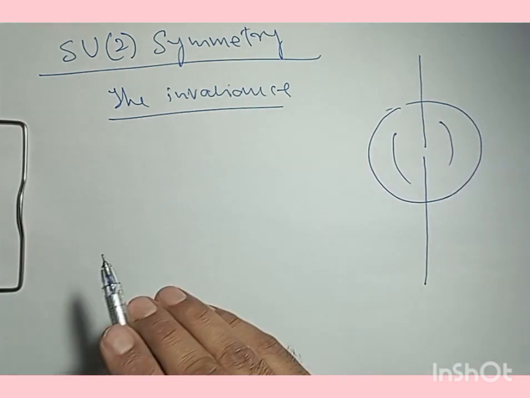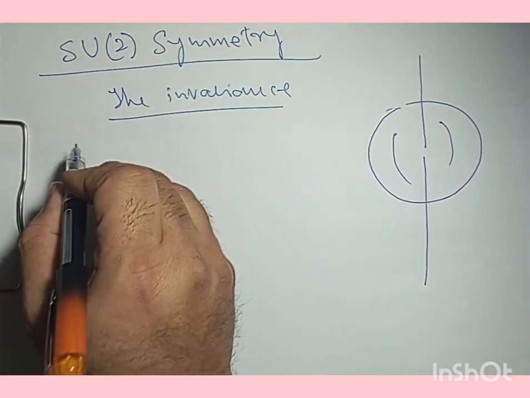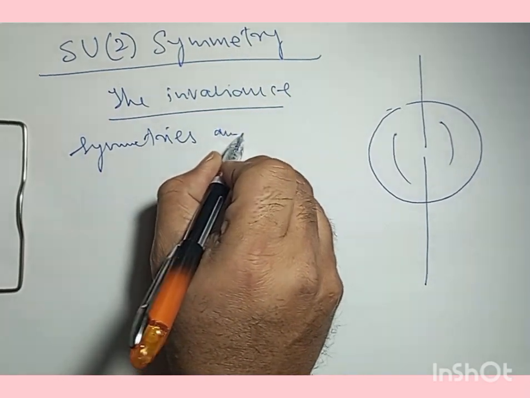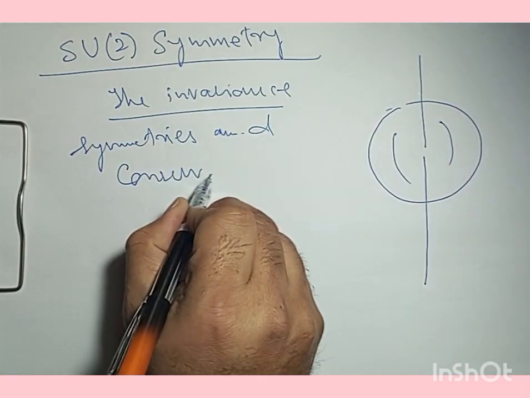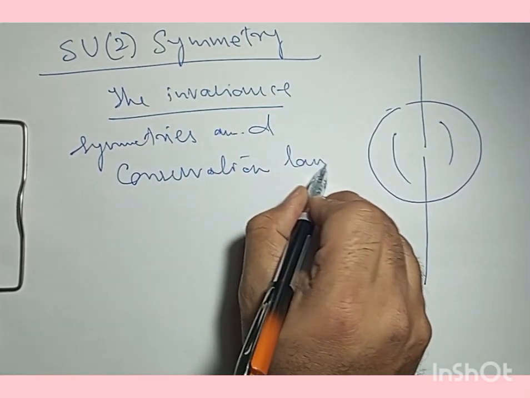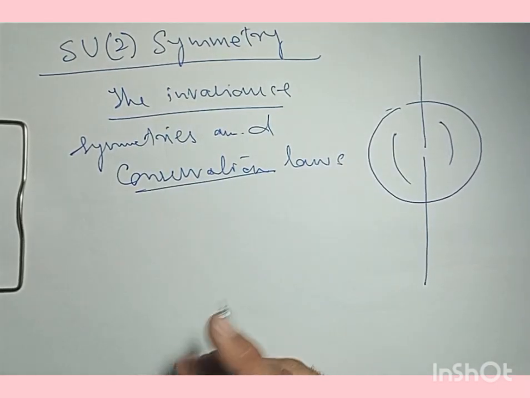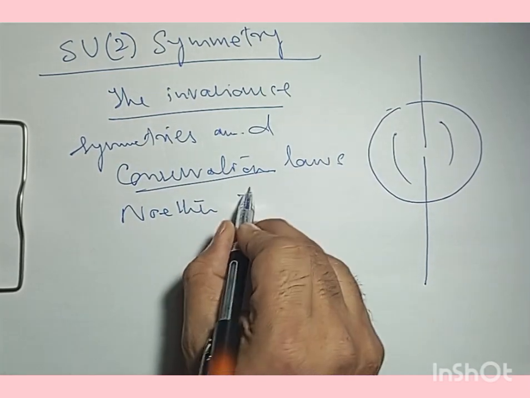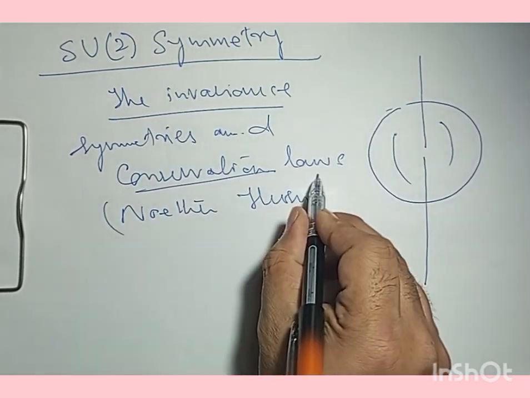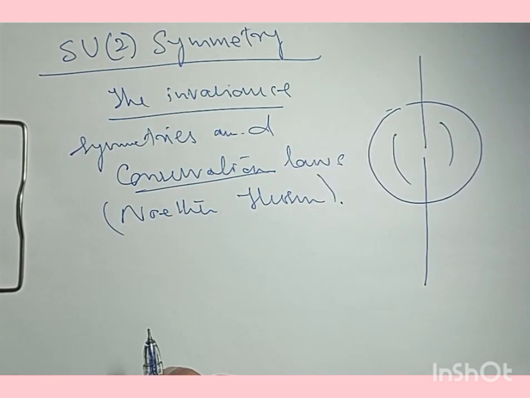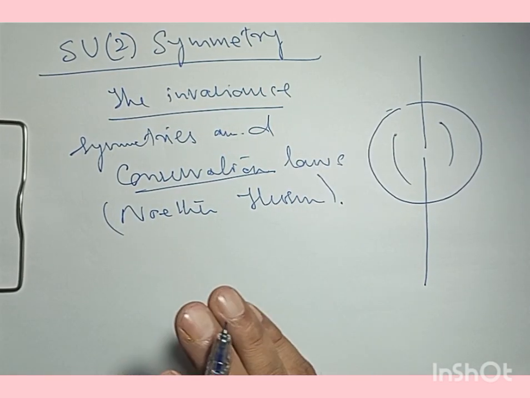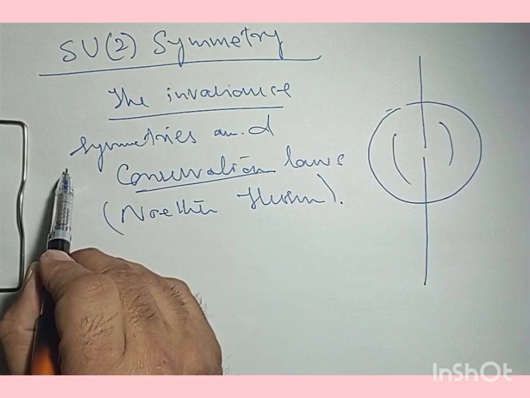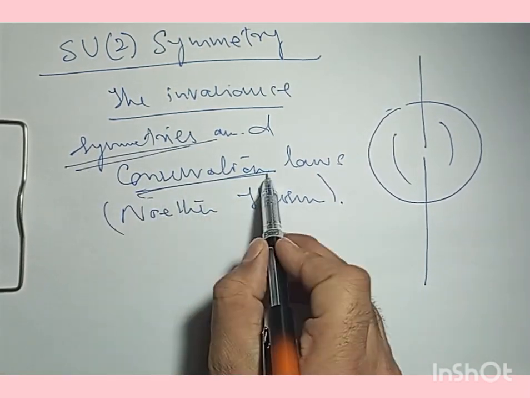And there exist relationships between symmetries and conservation laws, which in particle physics we call Noether. Symmetry basically leads to the conservation laws.